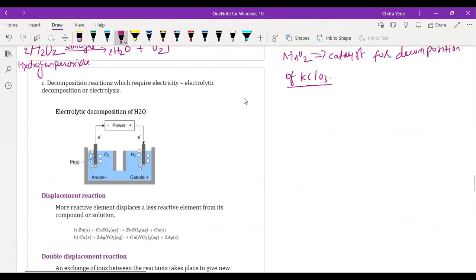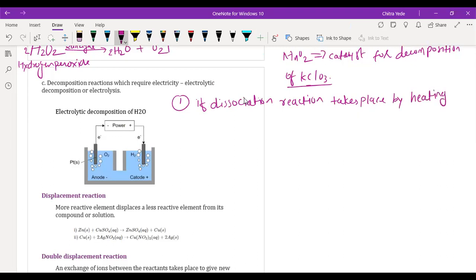Number 1, if dissociation or a dissociation reaction takes place by heating, then it is called a thermal decomposition reaction.